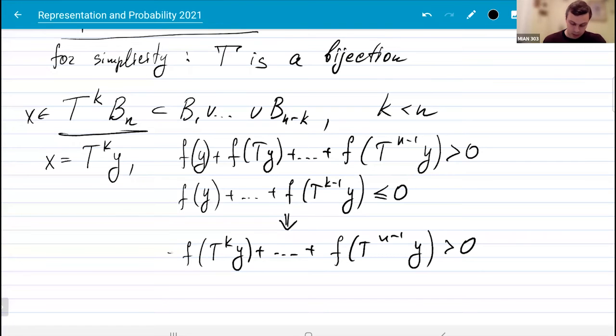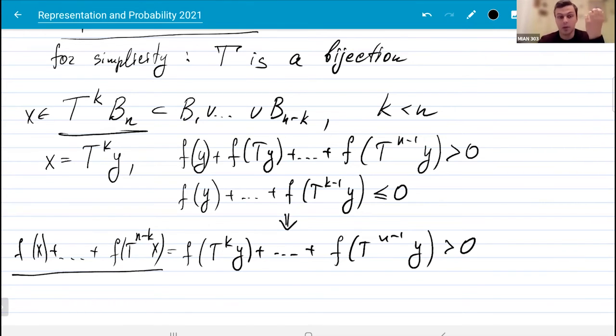And this is just f of x plus up to f of Tn minus k of x. And therefore this sum for the point x is positive, and of course maybe also the sum with a smaller number is positive.